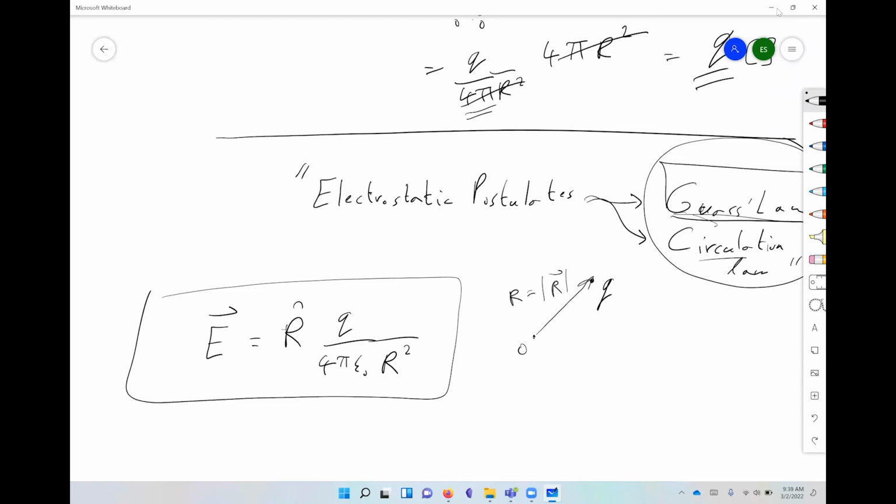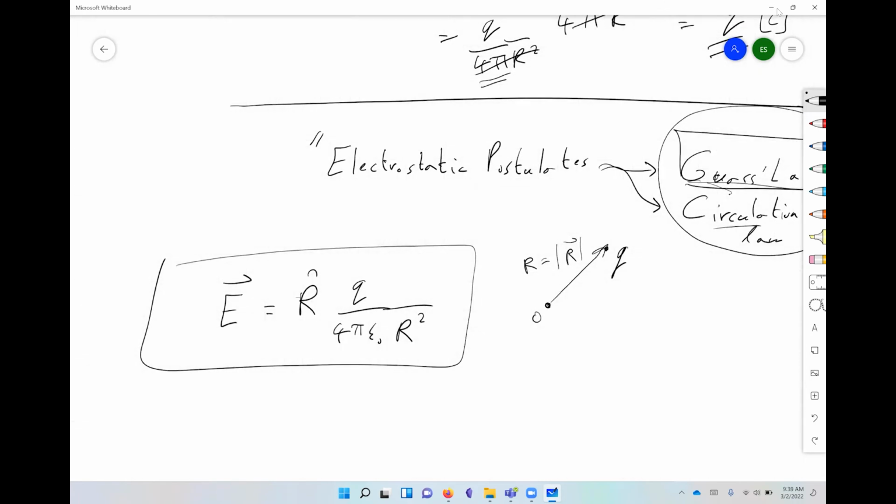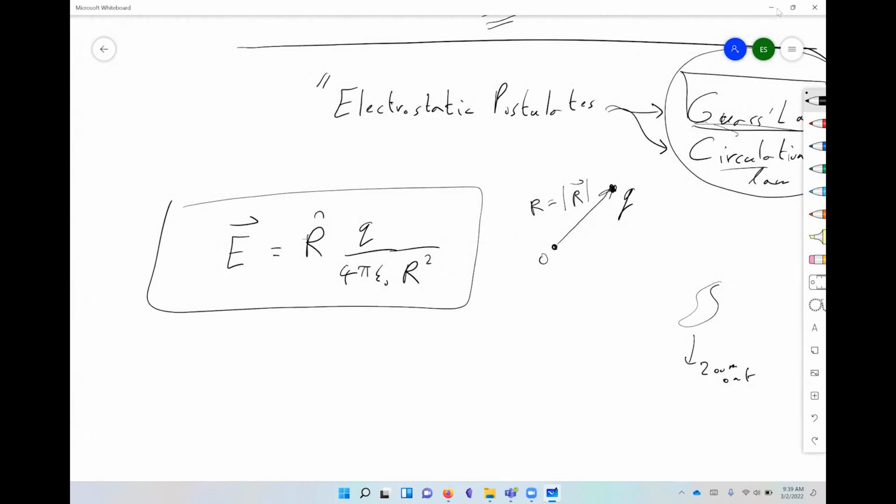What happens if I take this point? And a point charge is really an idealization. Even if you have a distribution of charges, if you zoom out, this whole distribution is going to look like a point charge. So even when you have something that's kind of wonky and distributed and not uniform, just keep zooming out, and it will turn into a point charge as far as you're concerned.